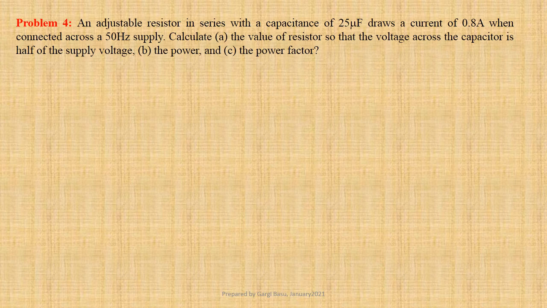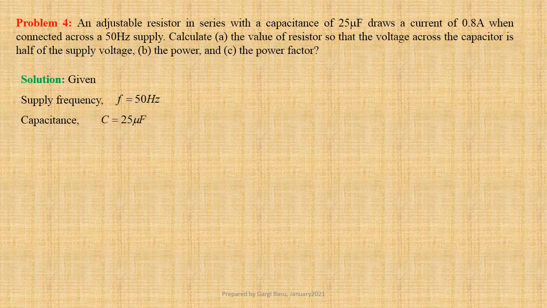Let us first list the data provided. Supply frequency F equals 50 Hz. Value of capacitance C equals 25 microfarad. Circuit current I equals 0.8 ampere. Let us find the value of capacitive reactance.